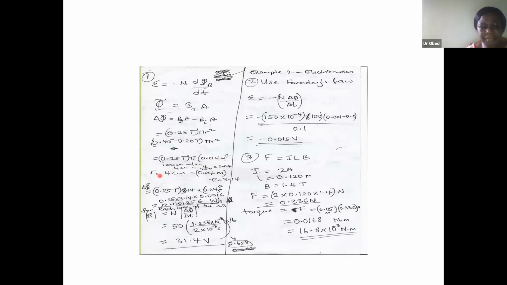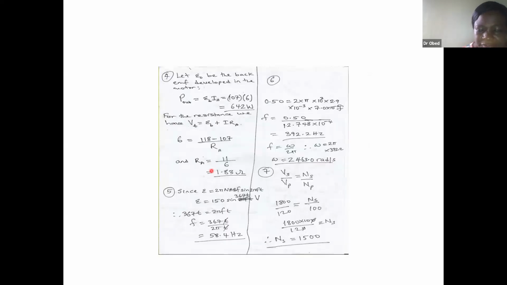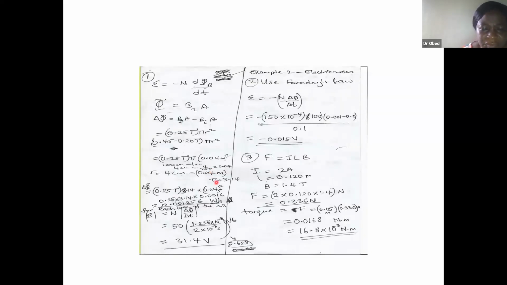Pi is 3.14. So 0.25 times 3.14 times r squared. If you evaluate that, you should get 0.001256 Weber for each loop of the coil.